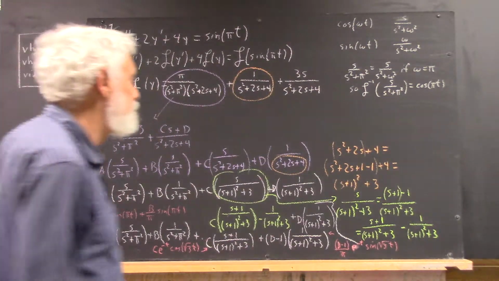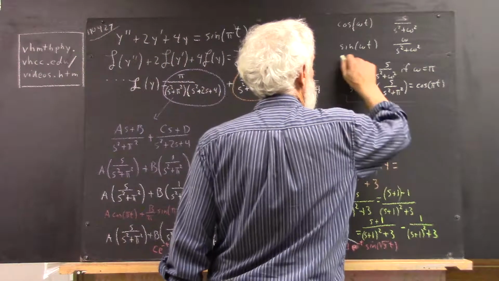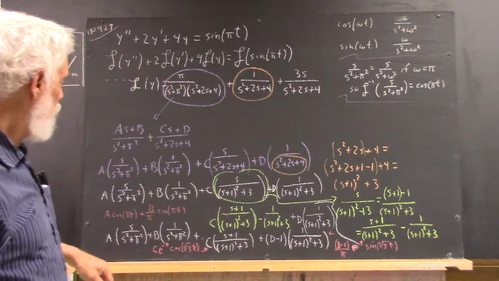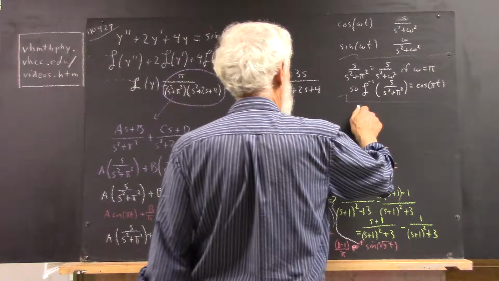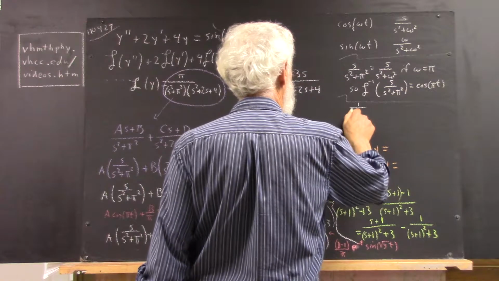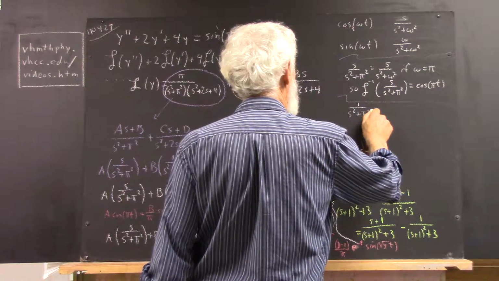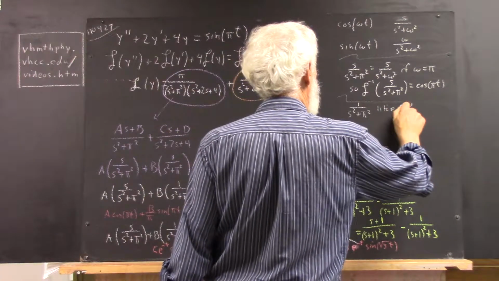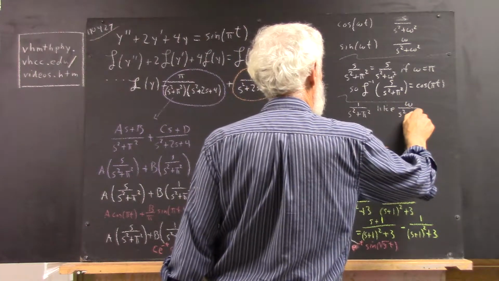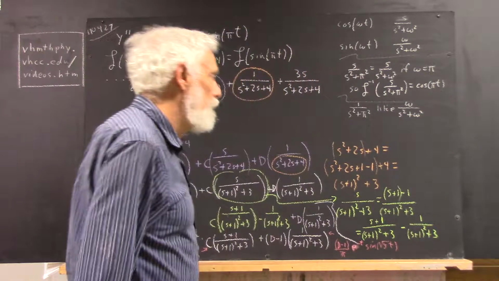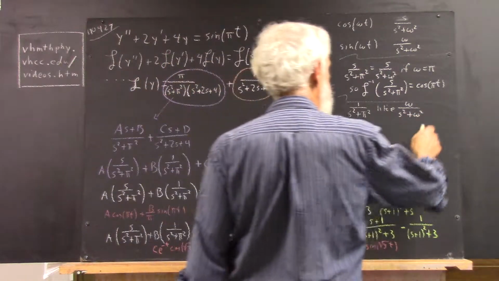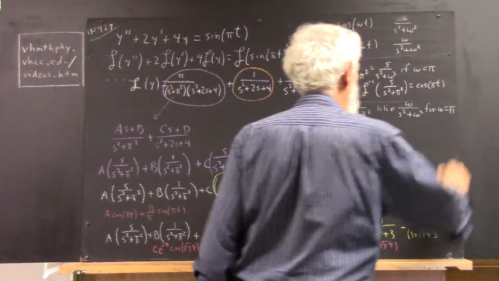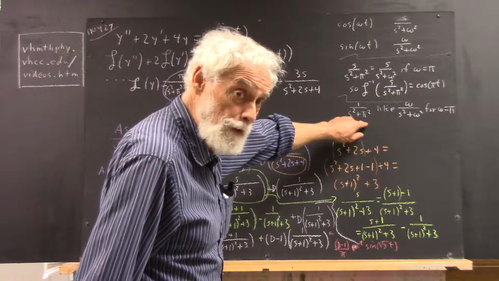And then, this is similar to inverse transforms we've seen in previous classes. 1 over S squared plus pi squared is like omega over S squared plus omega squared for omega equals pi, because the denominator wouldn't match if it didn't.